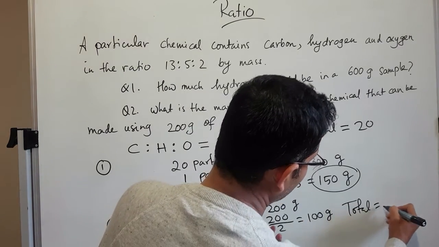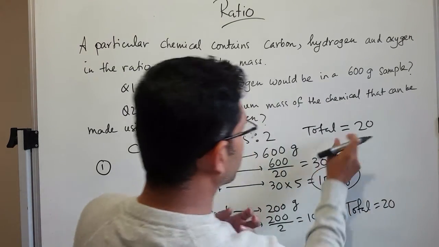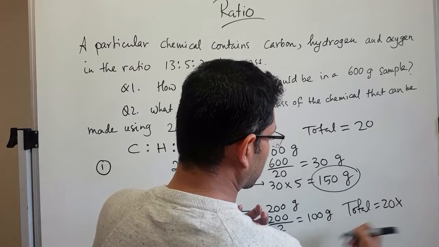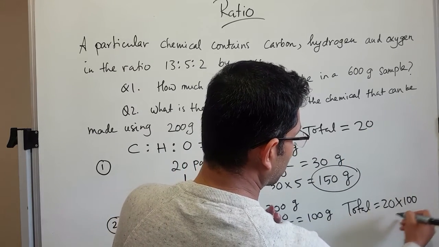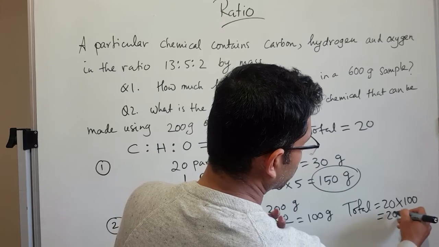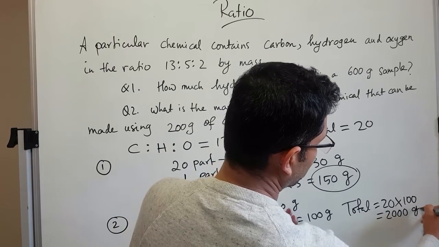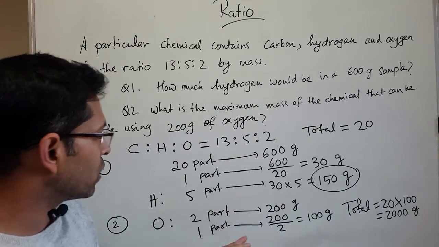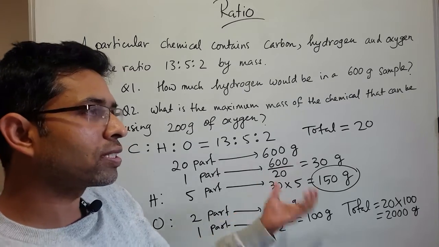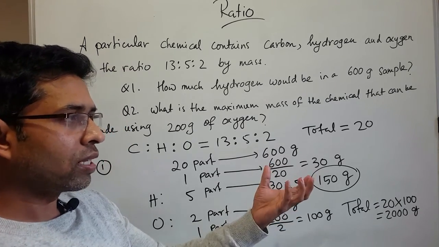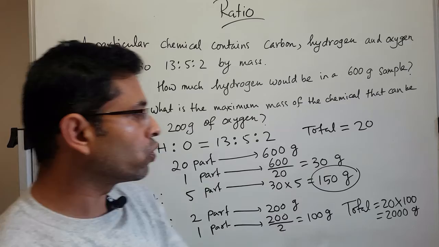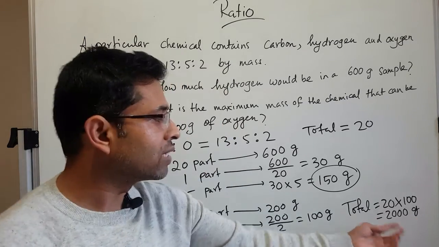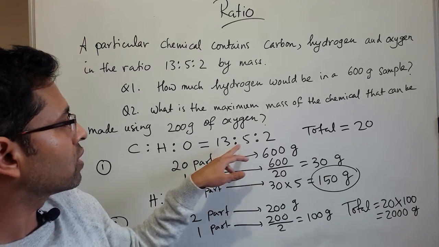The total chemical will be 20 parts times 100, which gives us 2000 gram. So if you use 200 gram of oxygen in a sample, then the total sample will be 2000 gram. Only then can you get the proportion 13:5:2.